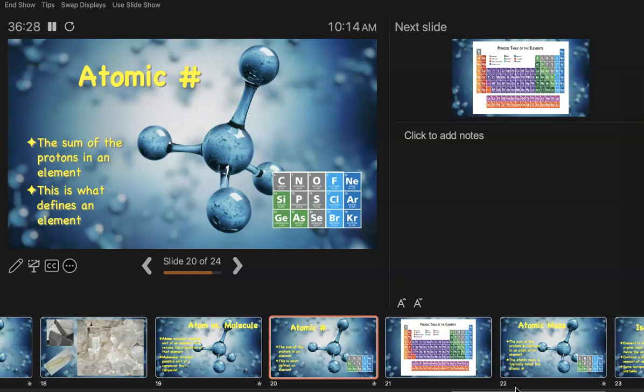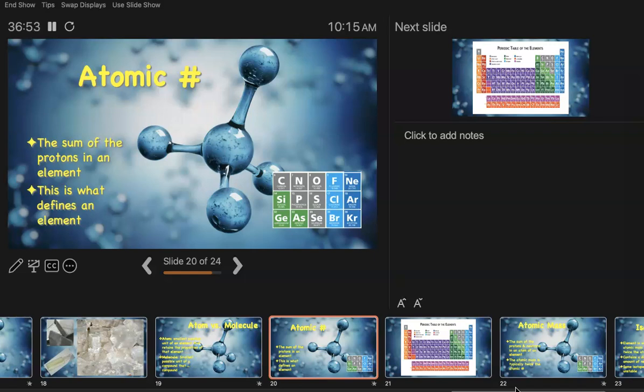83, not 72. What did we add to make it way more? Is it protons? Is it neutrons? Is it electrons? What did we add? Protons or neutrons? It's got to be one of them. Why can't it be protons?